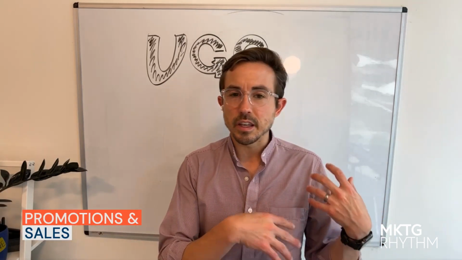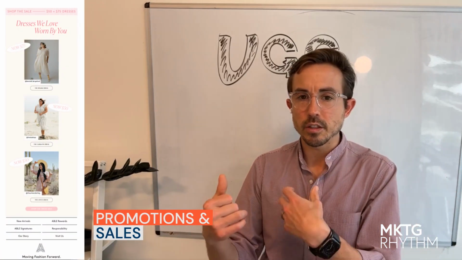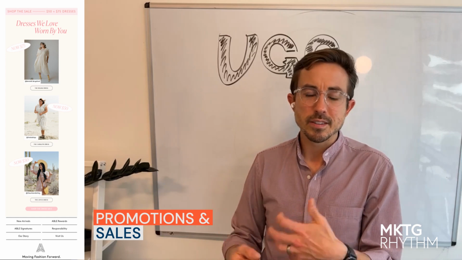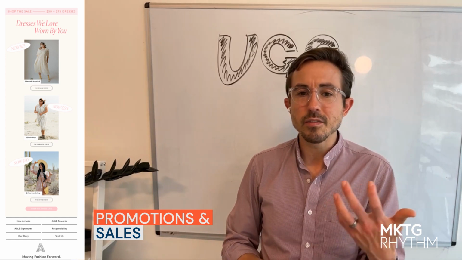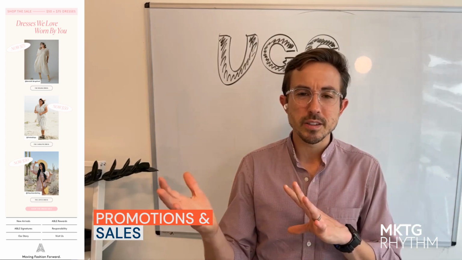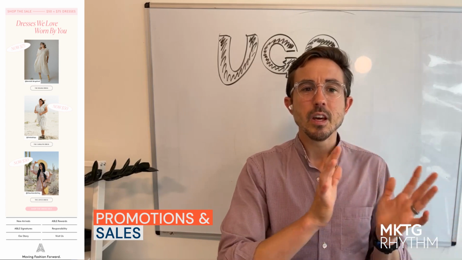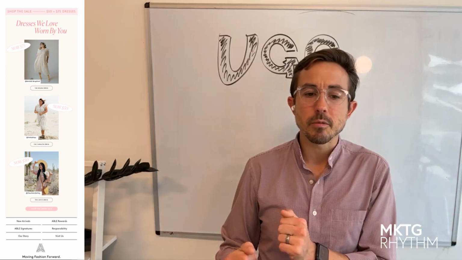Promotions and sales: if there's an item that's on sale or in that promotion that does have some social proof or user-generated content, it's a really easy way to get some easy creative. And it helps balance it so it's not too salesy and too marketing heavy, because you have a little bit of human content on top of it too.